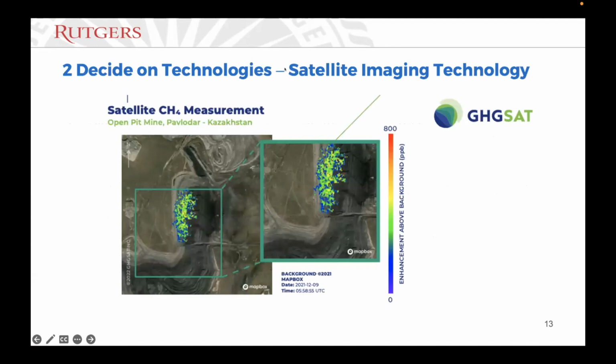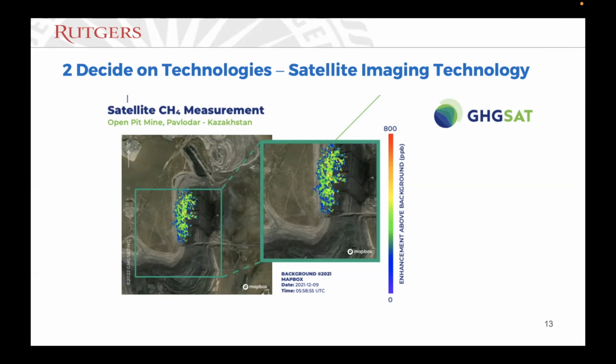The second step is to decide on the technology. Here we use satellite imaging technology, owned by the company GHG SCT. They launched satellites into space, embedded with sensors.